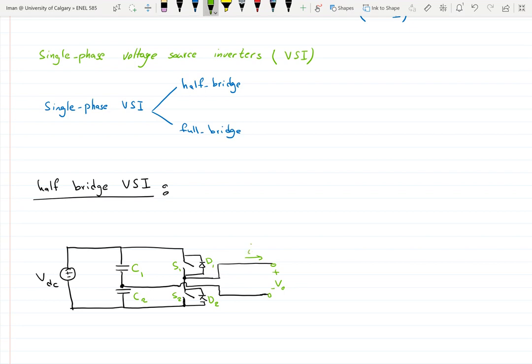This is the current going out. And let's name these nodes A and node N.